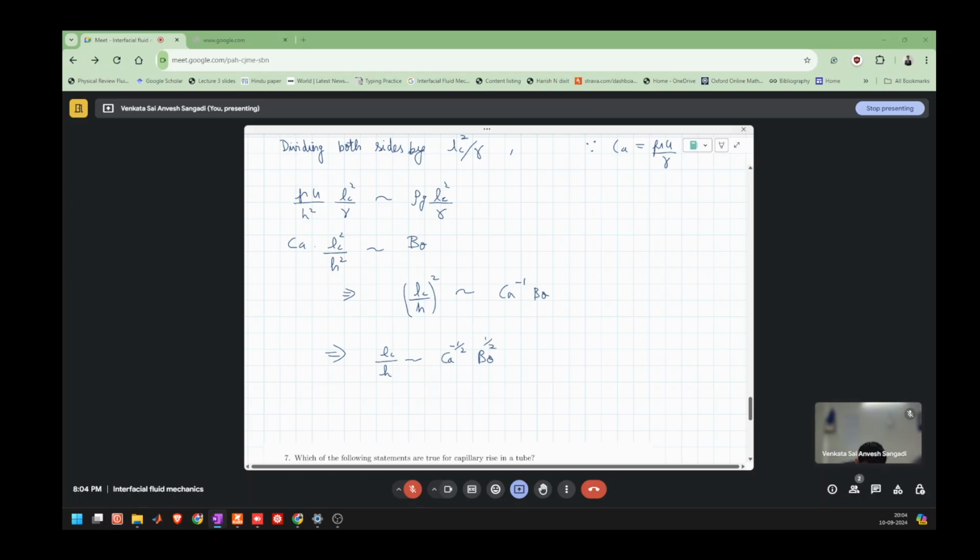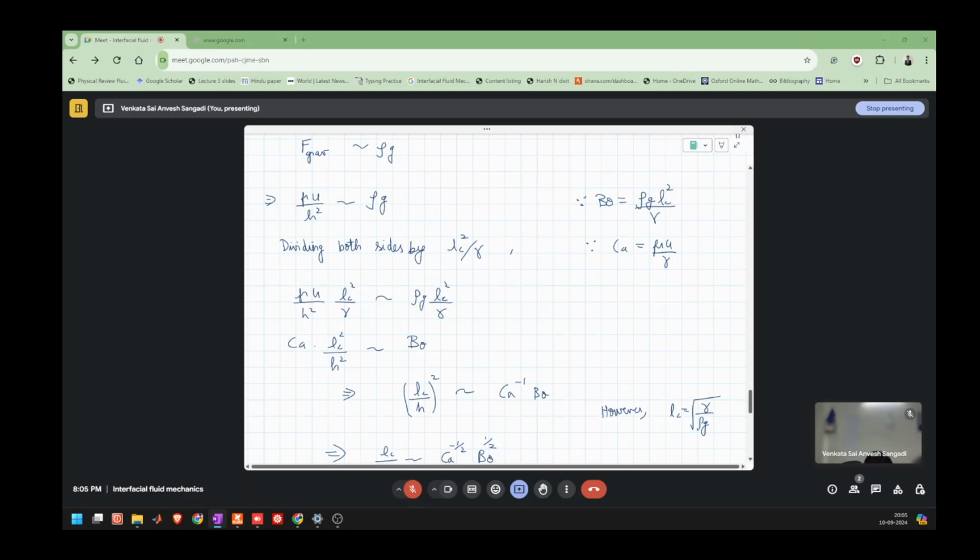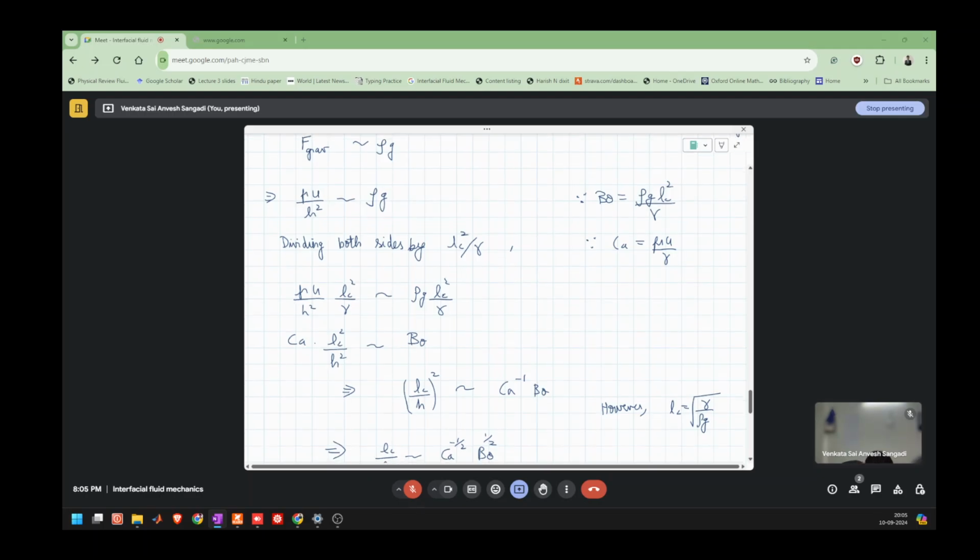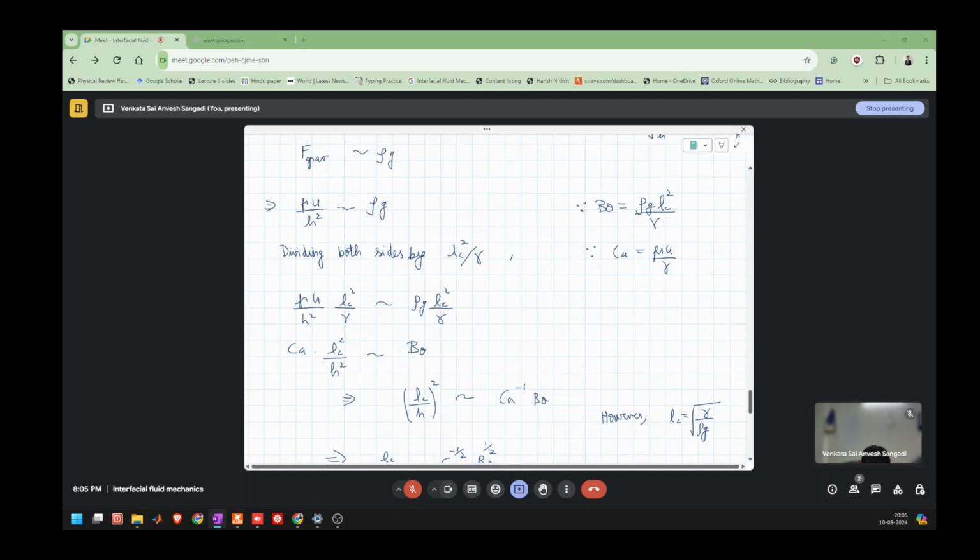However, we know LC is equal to the square root of gamma by rho g, basically the balance of gravity and surface tension.